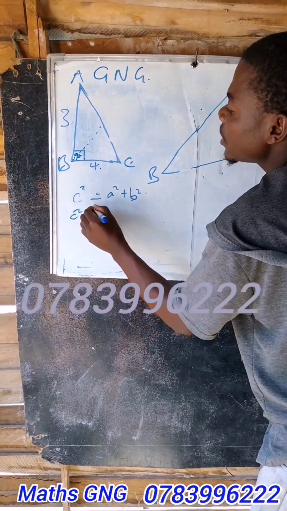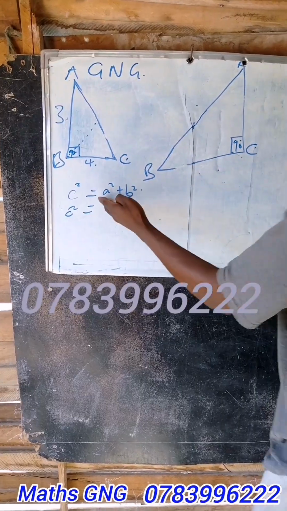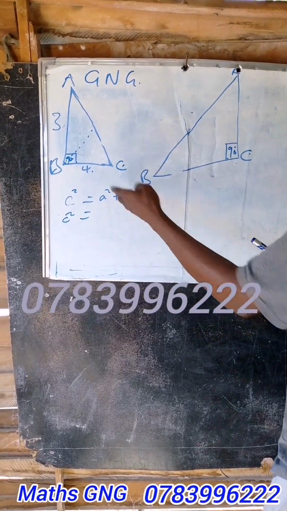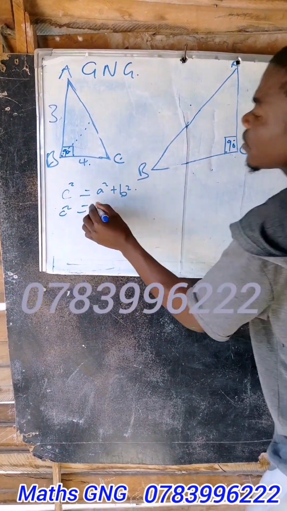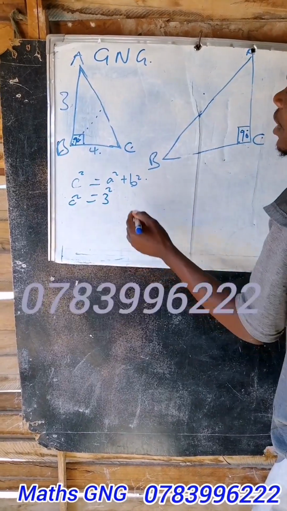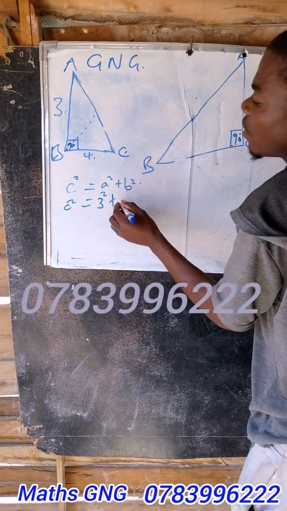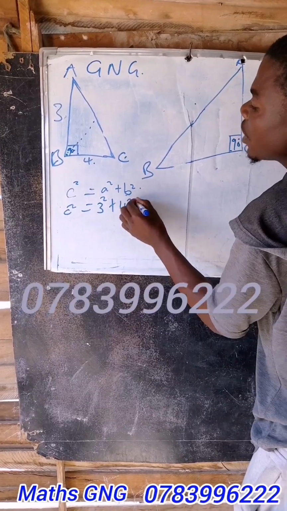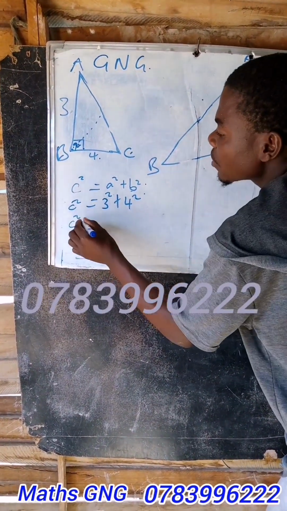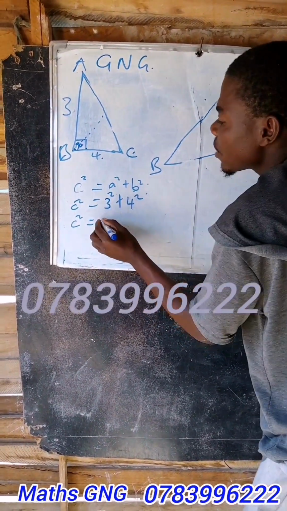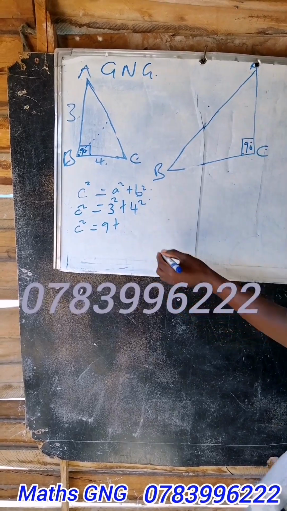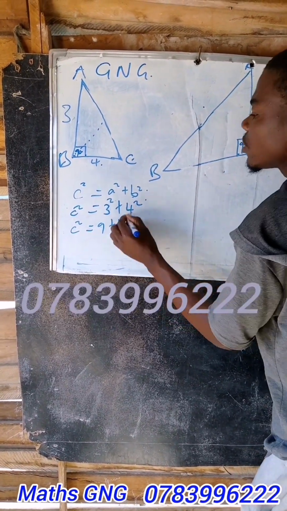So c squared is equal to a squared plus b squared. You name it the way you want. So I may call this a, 3 squared, plus this 4 squared. So c squared is equal to 3 squared, which is 9, plus 4 squared, which is 4 times 4, 16.